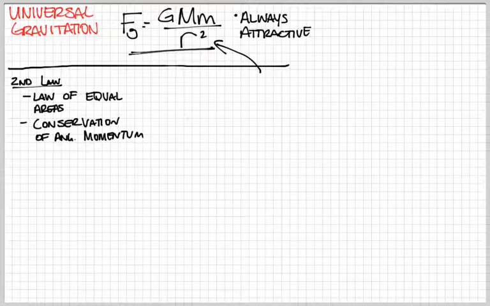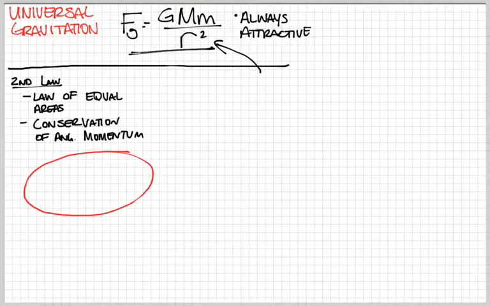Conservation of angular momentum to explain the fact that an object going around the sun was faster when it was closer to the sun and slower when it was farther away.